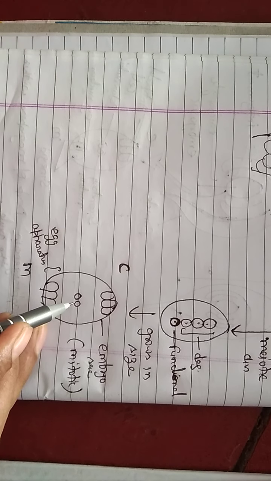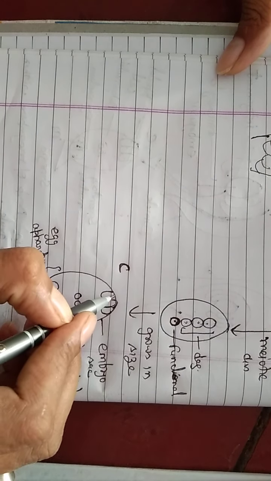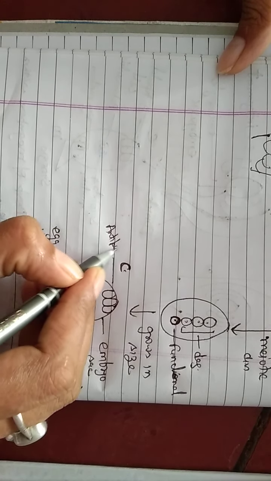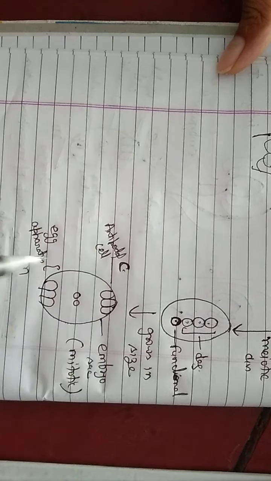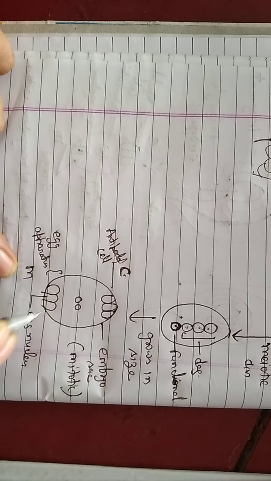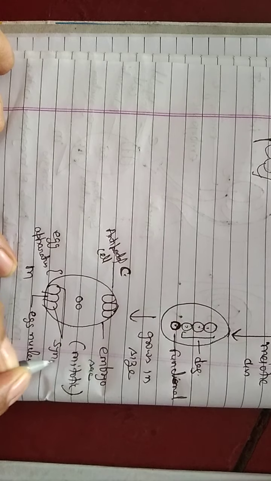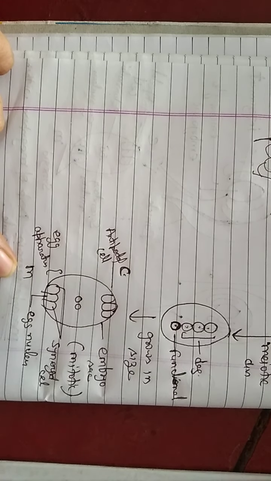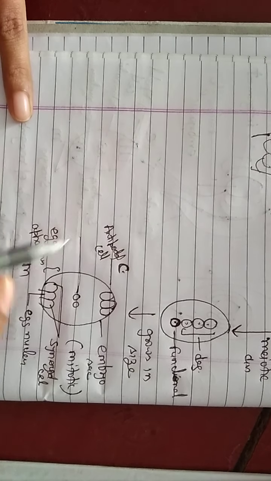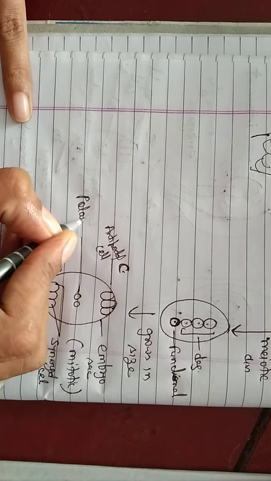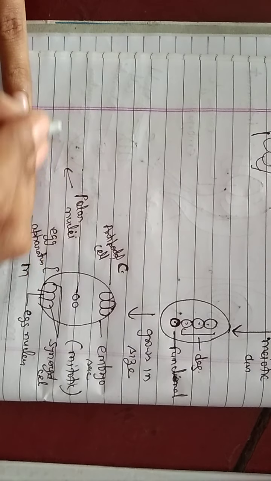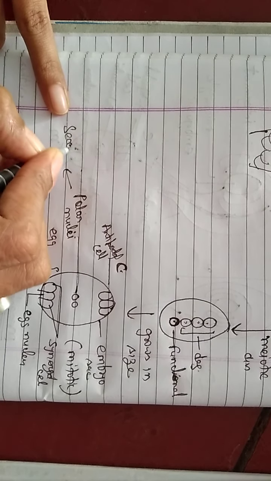The 3 nuclei at the chalazal end form the antipodal cells. The egg apparatus has the egg nucleus in the middle, and these are the synergid cells. The 2 nuclei in the center are the polar nuclei, and after fusion they convert into a structure known as the secondary nucleus.